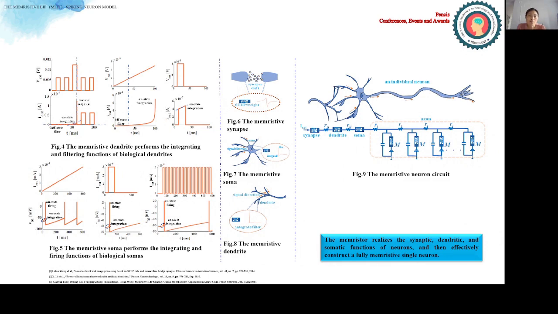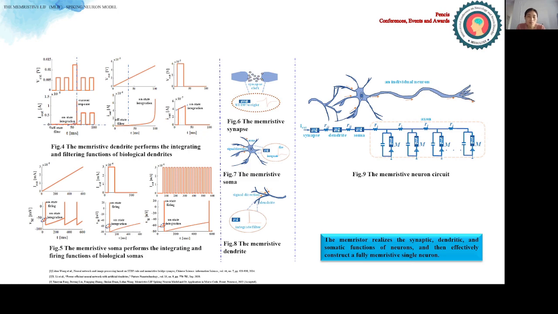A memristor can be used as a synapse and realize the interaction and propagation between neurons. Not only that, the memristor can perform the integrating and filtering functions of biological dendrites. Meanwhile, it can perform the integrating and firing functions of biological somas.